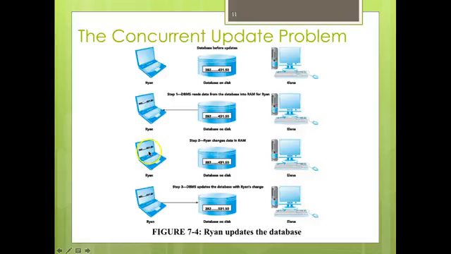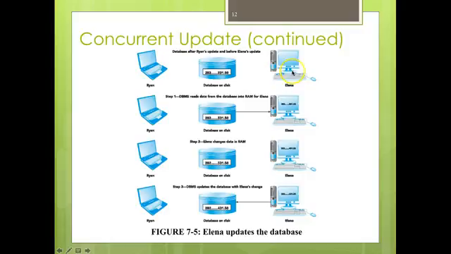So then we change the balance in the memory on the computer, and then we turn around and provide an update query where we update the balance to $531.50. No problem. We added $100 to the account. The user's happy. The money's there. Elena over here is going to ask the database what the balance is. Balance is $531.50.